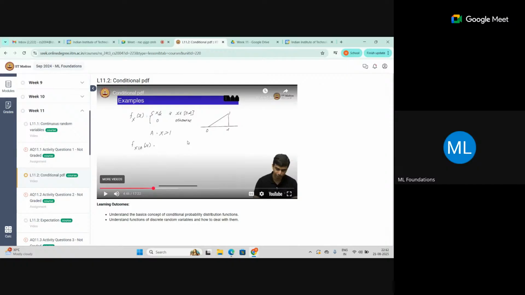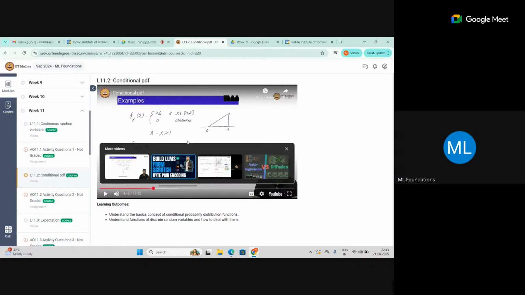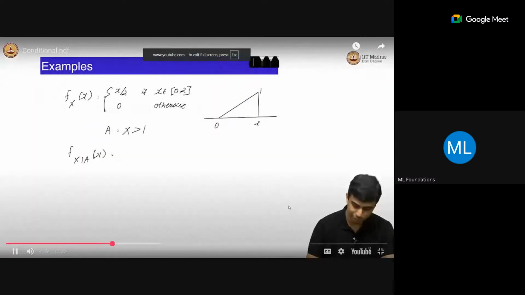When x is greater than 1, the probability has to be equal to 1. But how is it changing? So what he has done is, given that x is greater than 1, how that x is changing is given to me, and that is what he has shown right here. It's not taken between 0 to 2. He has taken piecewise things, I guess.